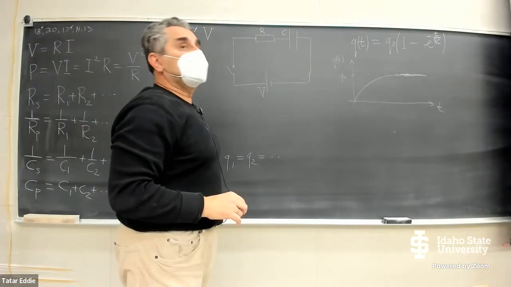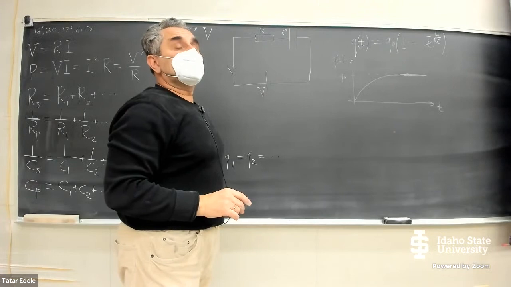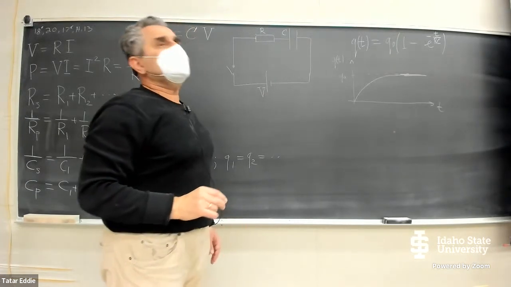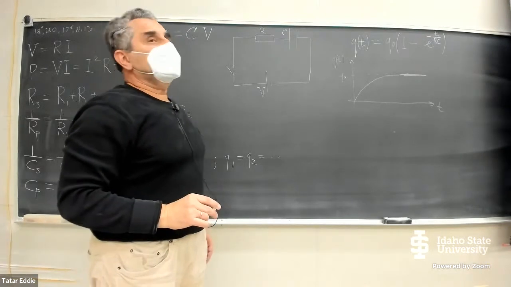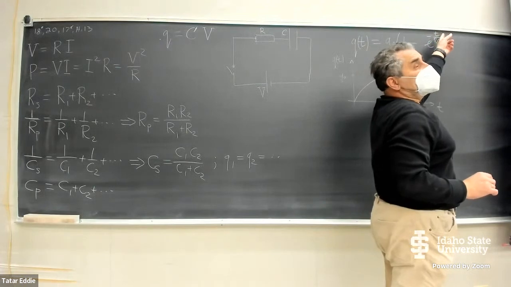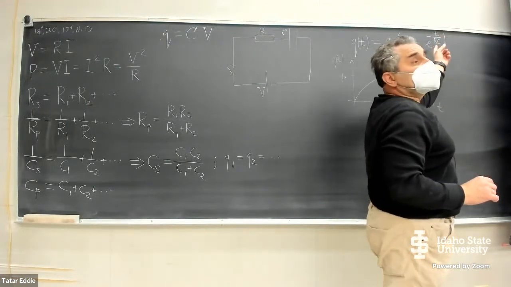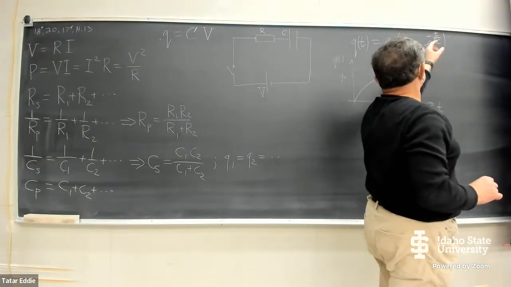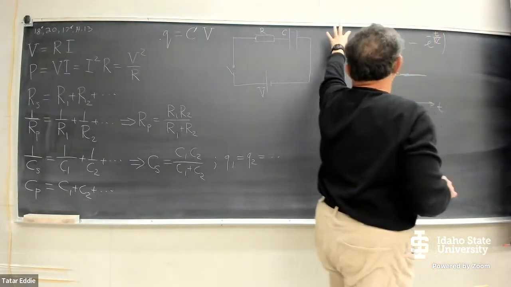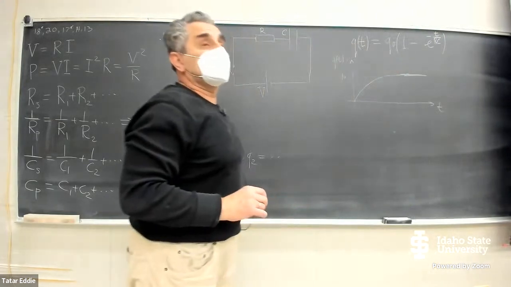So the asymptotic value of the charge on the plates of this capacitor is equal to Q naught. You can see that just by looking at the exponent. When the time t goes to infinity, the exponent becomes equal to 0, the expression in the brackets becomes equal to 1, and the value of the charge becomes Q naught.